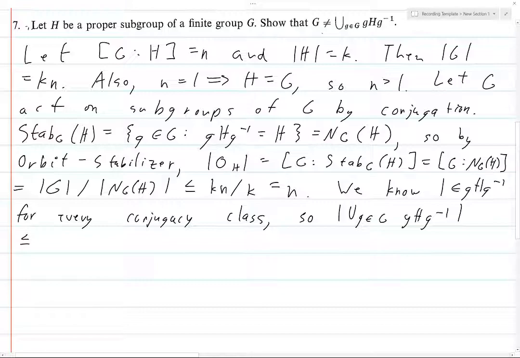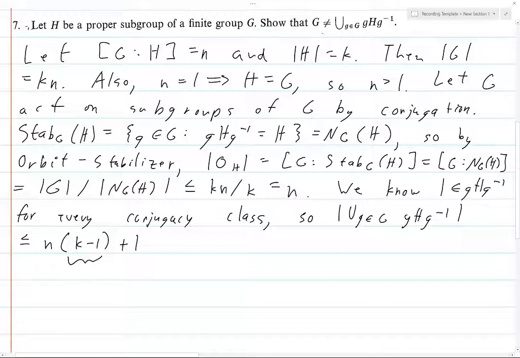Hold on. Let me write out what I have here real quick, and see if I can remember why I wrote this. So this n times (k minus 1), oh yeah, of course.